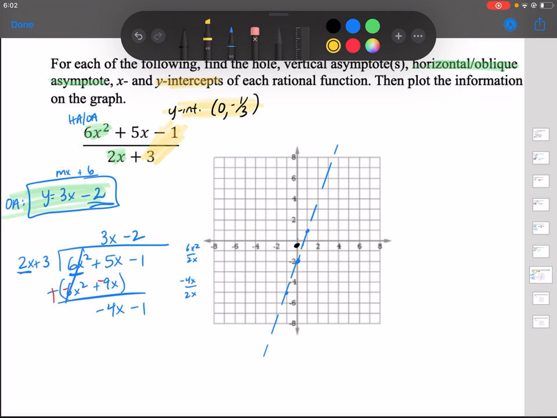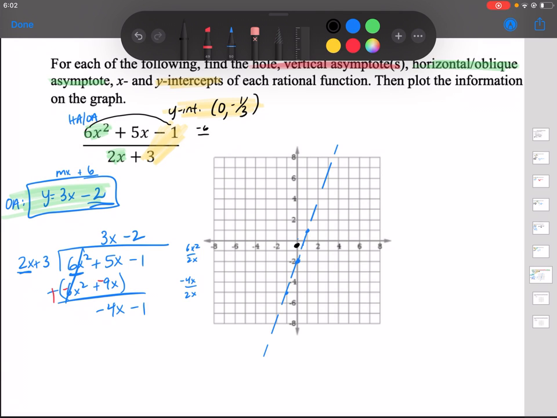Then let's go ahead and find our vertical asymptotes and holes. The way you do those is you factor, if you recall. So 6x squared plus 5x minus 1, that's going to be one of our slow factoring methods. So it's negative 6.